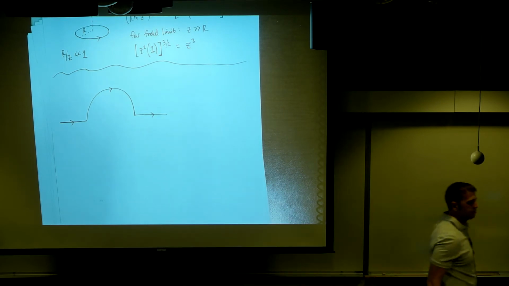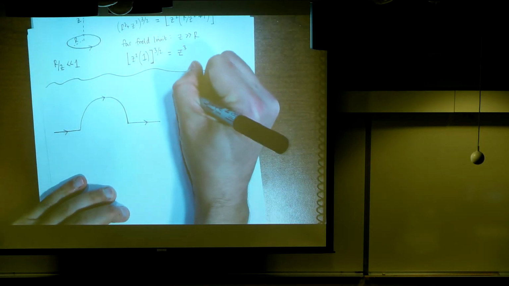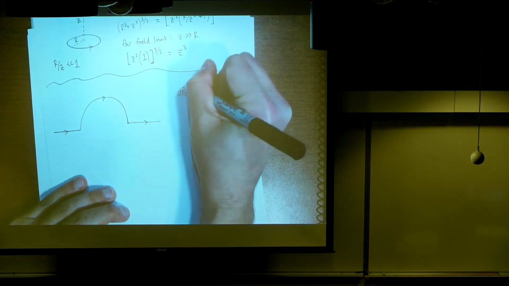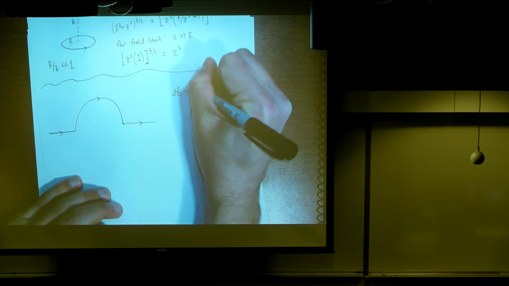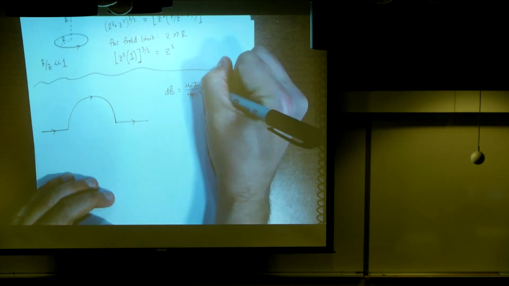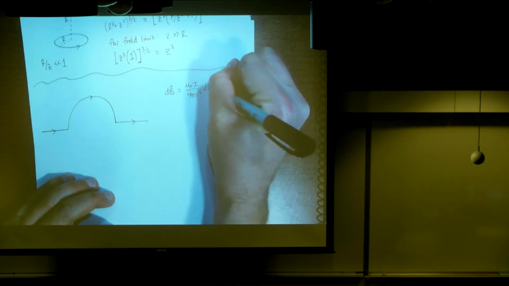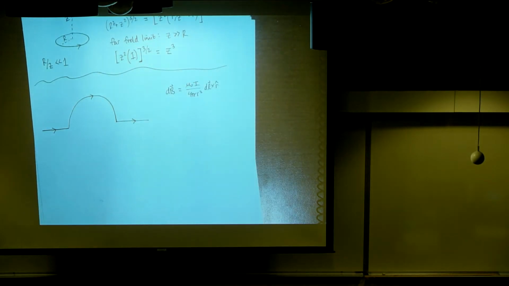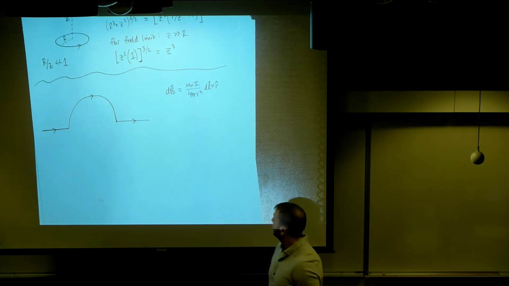And if you recall, the Biot-Savart law works like this. dB equals mu0 times I divided by 4 pi times r squared, and that gets multiplied by dl crossed with r hat. Okay, let's remember dl is what we call our current element.